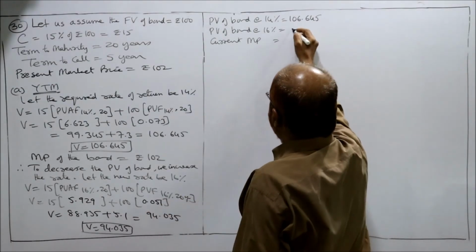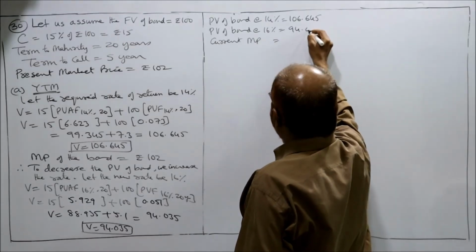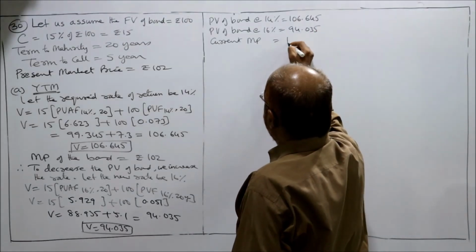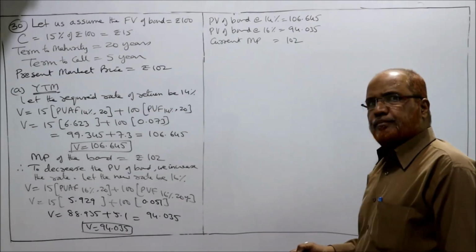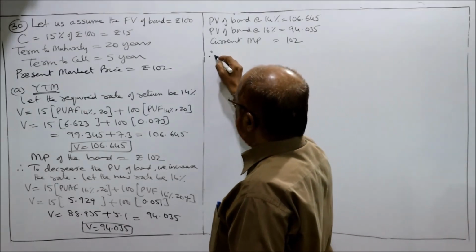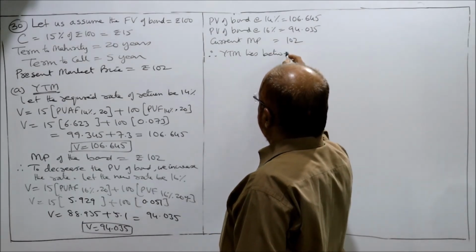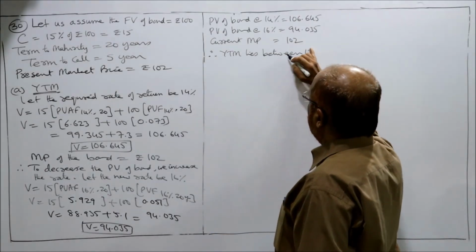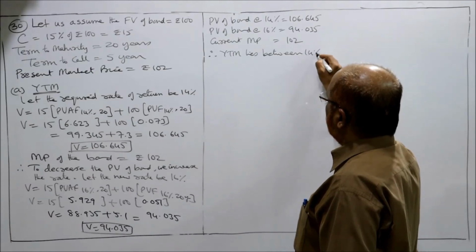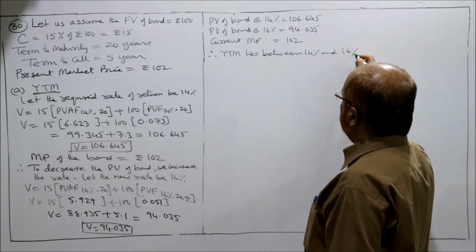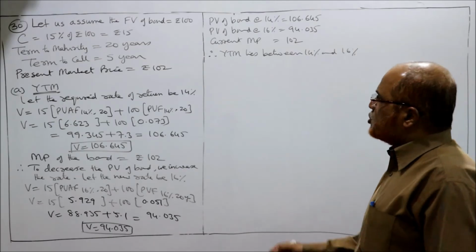At 16% we got 94.035. Current market price is 102. Therefore, YTM lies between 14% and 16%. 14 और 16 के बीच में YTM है.